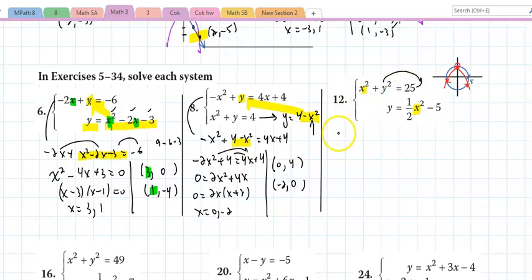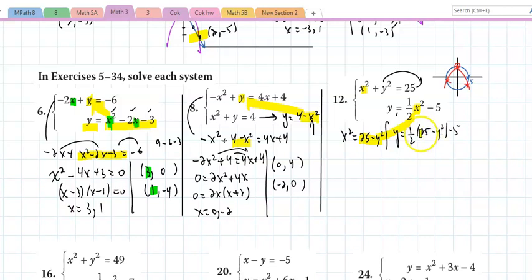Wouldn't the top equation be x squared equal 25 minus y squared? And if I take this quantity and put it right there, wouldn't this read y equals 1/2 of 25 minus y squared minus 5? That's what I substituted in.